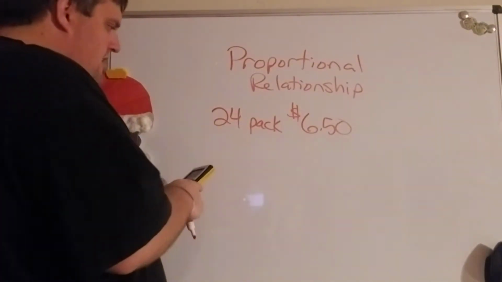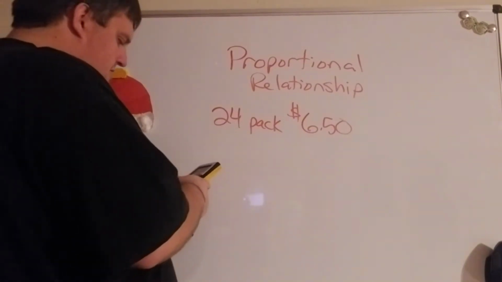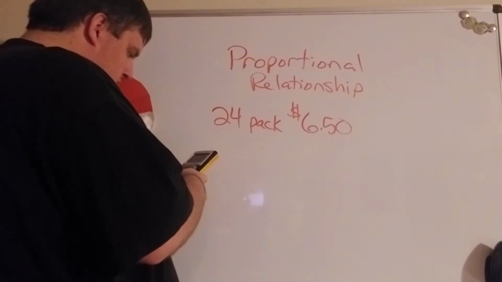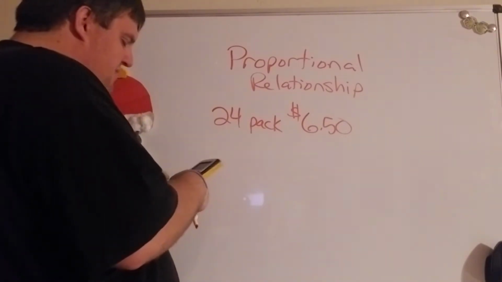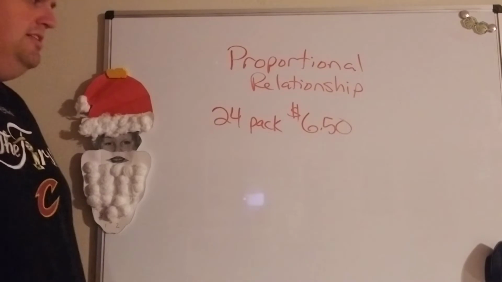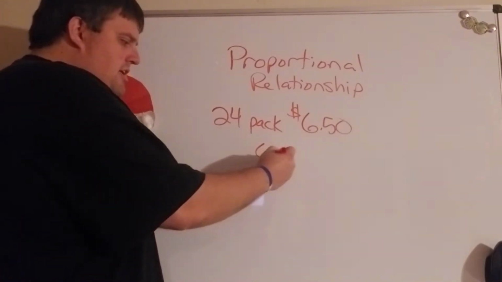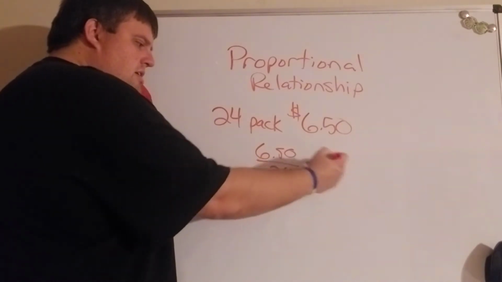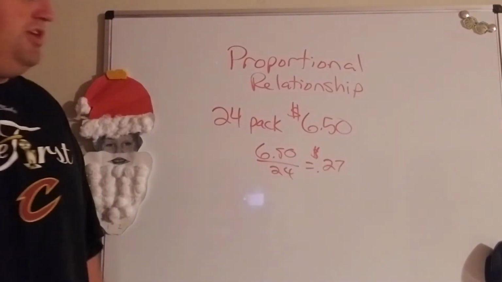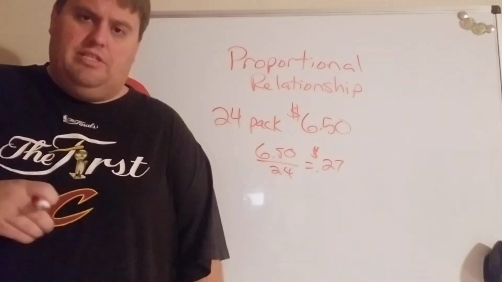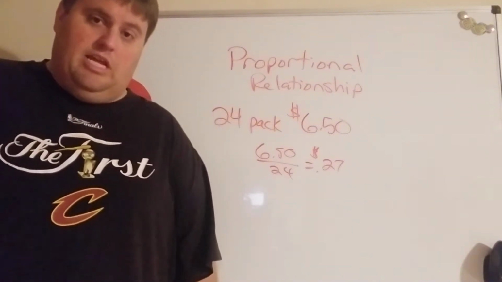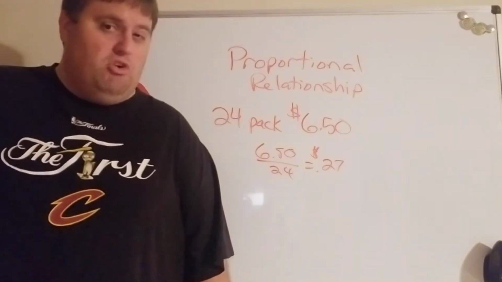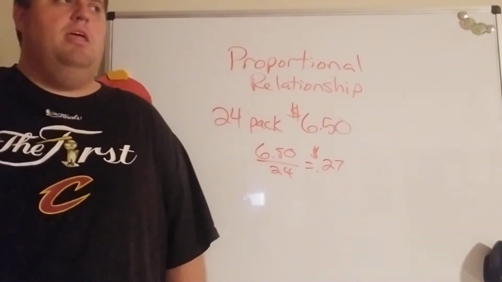So each can costs, let's see, about 27 cents per can, if I do the 650 divided by 24. So that would be my unit rate, because now I could say, how much do 3 cans cost? And I could do 3 times that amount. Stuff like that. Or our constant of proportionality, if you want to think of it that way.